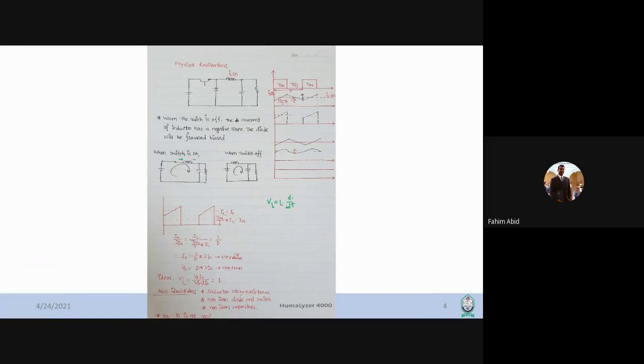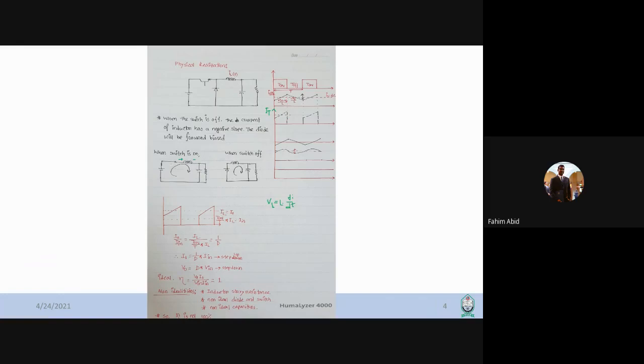Now, if you look at the current flowing through the transistor T, this is the figure for the current in the transistor T. This can be written as I of T. This I of T will follow the inductor current, or be the same as the inductor current, for the time when the switch is on.